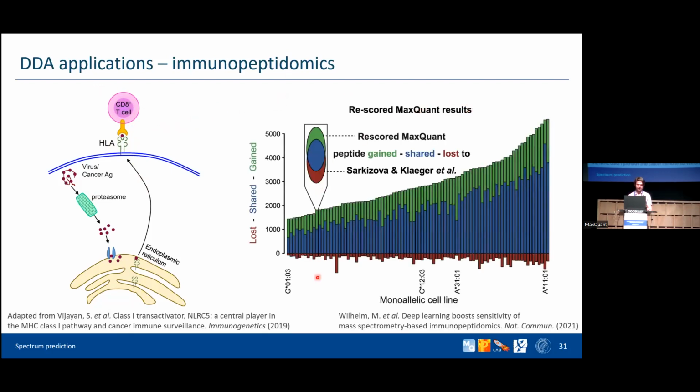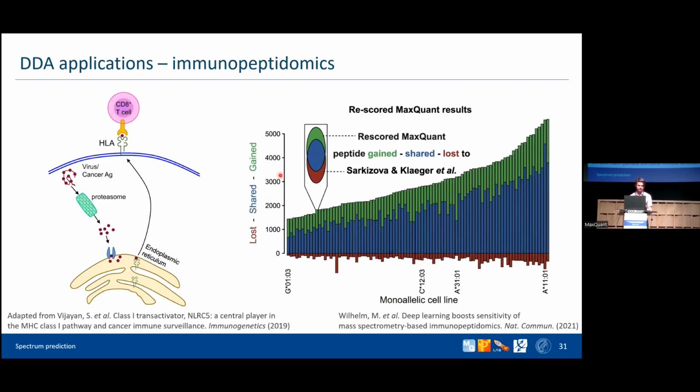For example, in this study, Wilhelm et al. trained the PROSIT model and reprocessed with it a data set consisting of HLA peptides from 95 different monoallelic cell lines. And they rescored the proposed PSMs with the model.